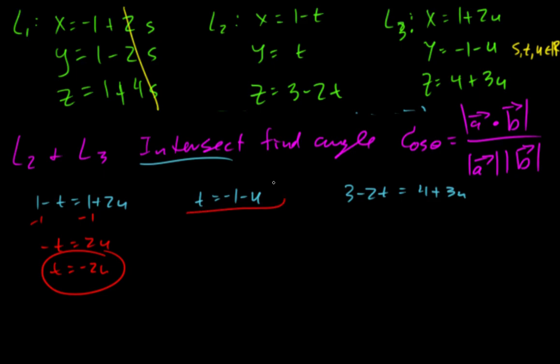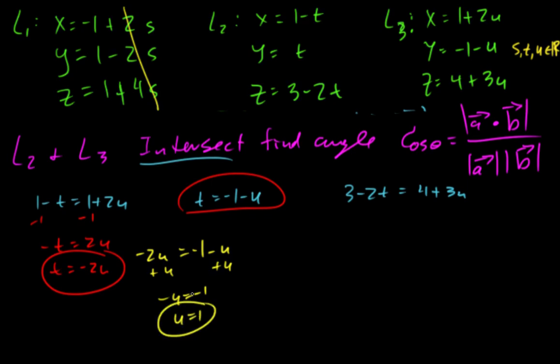Solve for t over here. It's already done. Set these equal to each other. Okay. And then plug in the 1 here, and t equals negative 2.